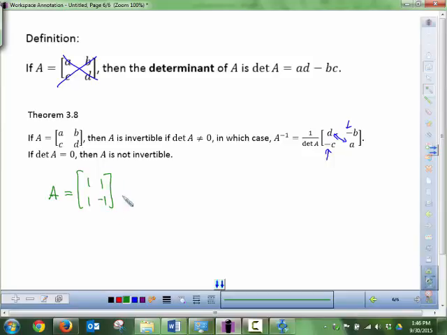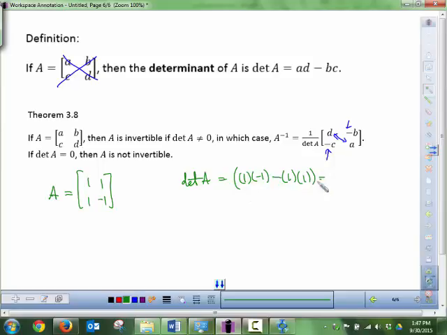I actually had to go to Wolfram Alpha to find the inverse of this matrix. So now let's see if Wolfram Alpha is correct. Of course they're correct. Let's see if I can do it so that it matches the answer. First we need to find the determinant of A. The determinant of A is the product of the diagonals, 1 times negative 1, minus the product of the wings, 1 and 1.